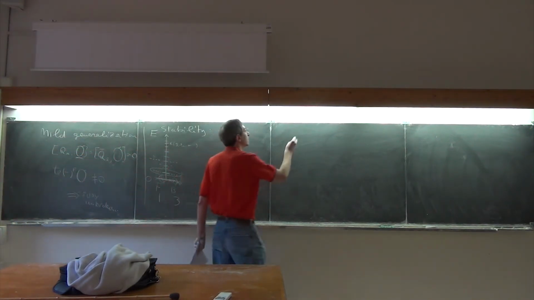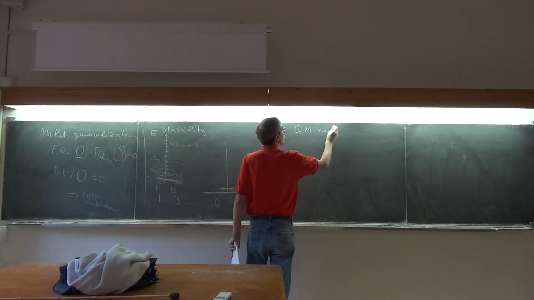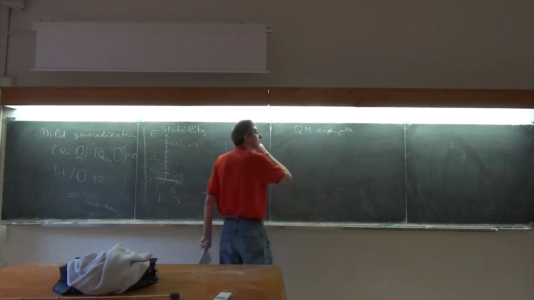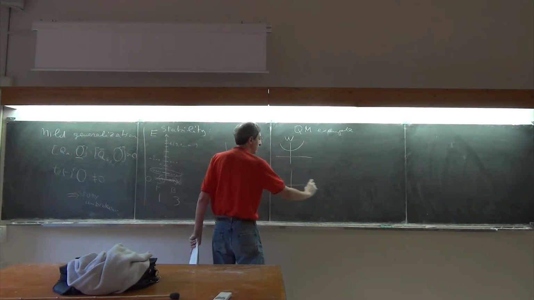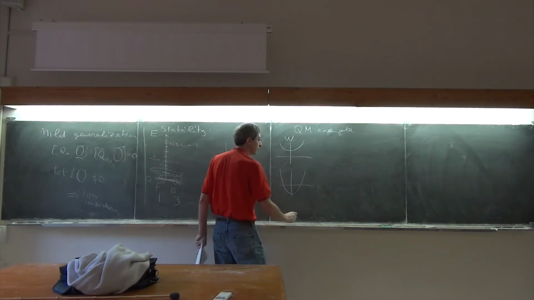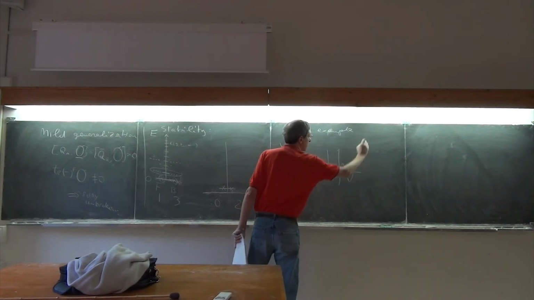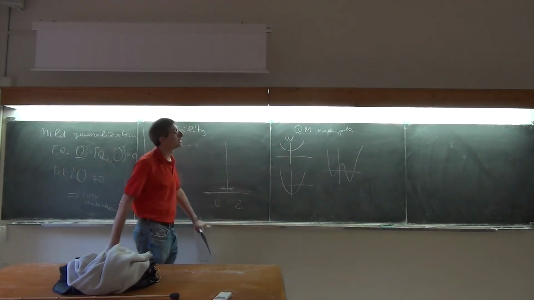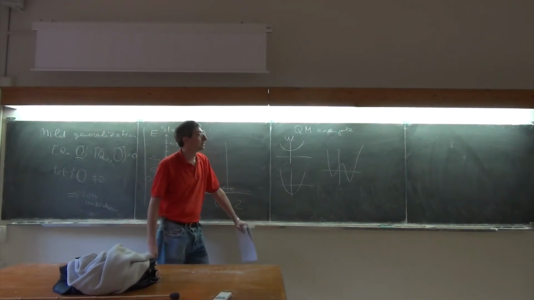So, a quantum mechanical example of a non-jumping Witten index. Remember what we've seen. If W has an even number of zeros, the Witten index doesn't change.